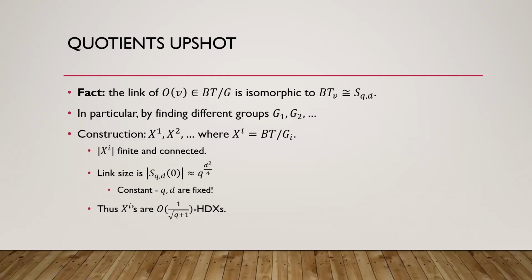So I just want to re-emphasize that I haven't really told you how the building is constructed, how these groups look, what the resulting complexes look like, but still this local property where links look like spherical buildings, you can often get a lot of mileage from it.